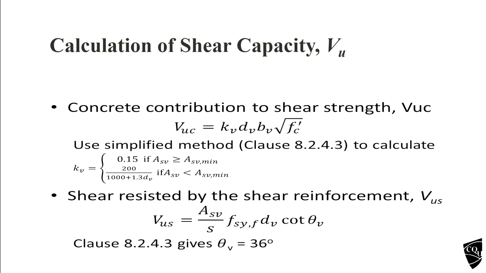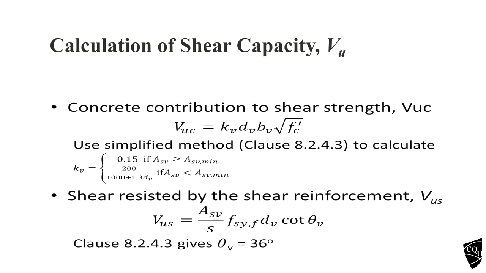VUC, the contribution from concrete, is given by this equation, KV dV BV times square root of FC. So what does each term mean? We'll come to the KV in a minute. The dV and BV are new terms.